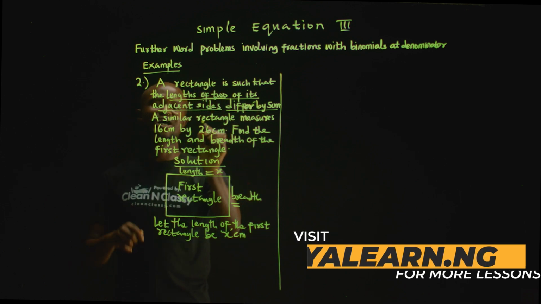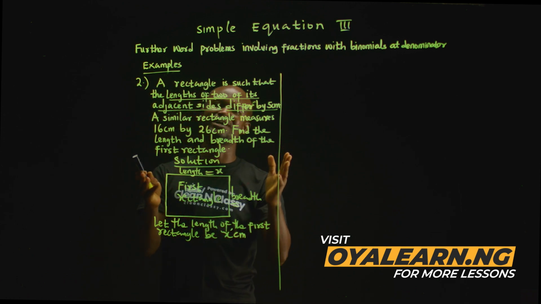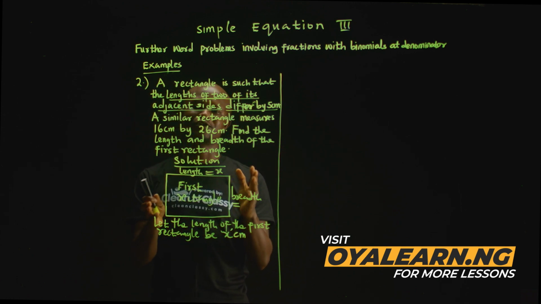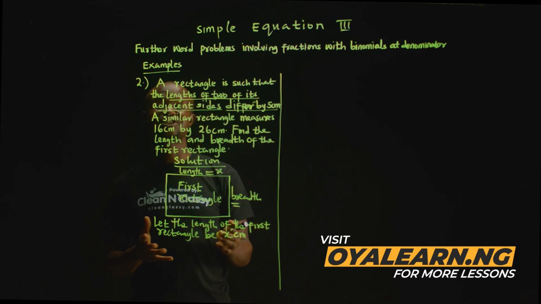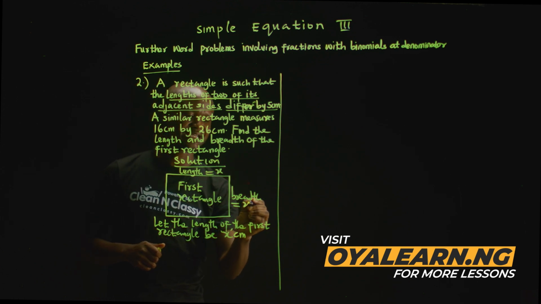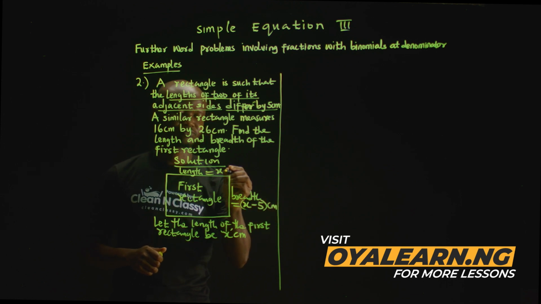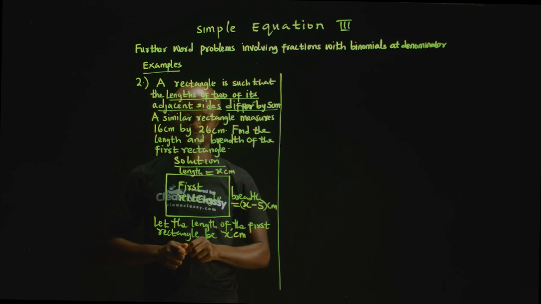Based on what we have here, the difference between the length and the breadth of the first rectangle is 5 centimeters. What does difference mean? That is subtraction. So if the length is x, then the breadth is going to be x minus 5 centimeters.